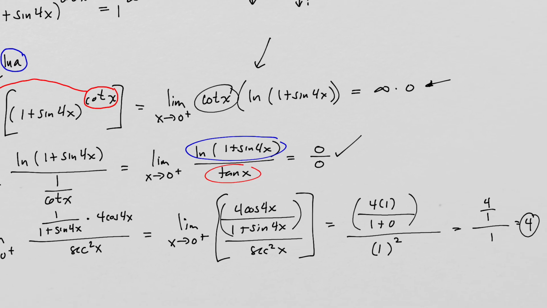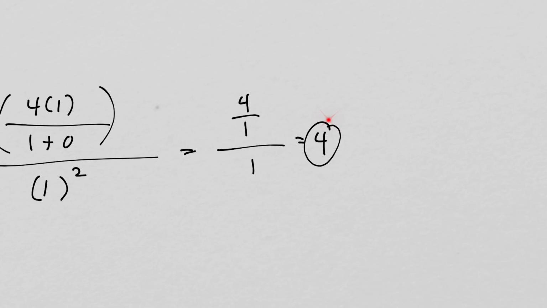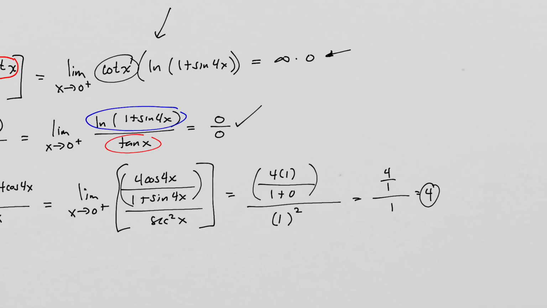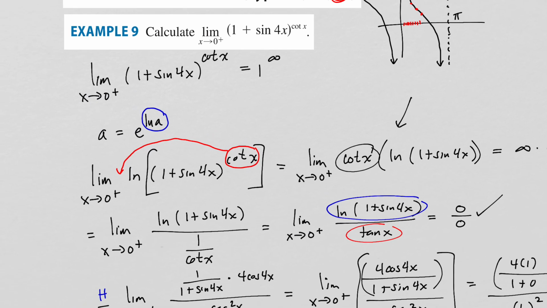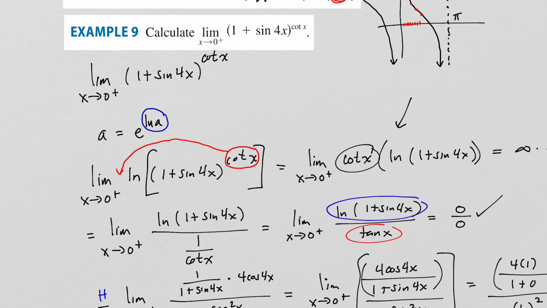So whatever you get for this limit in the end, this 4, the actual limit of what we're looking for, which is this original thing here, is going to be e to the 4th power. Okay? And again, the reason we're doing e to the 4th power is because e cancels the logarithm that we took earlier.